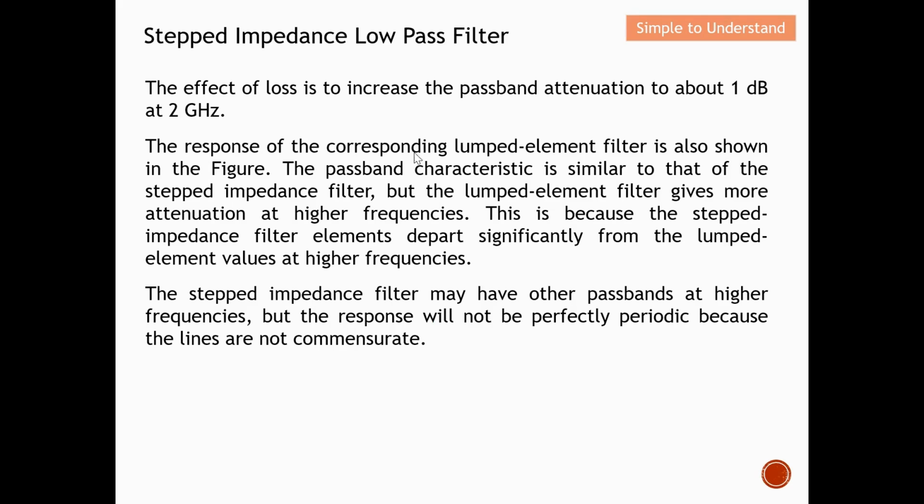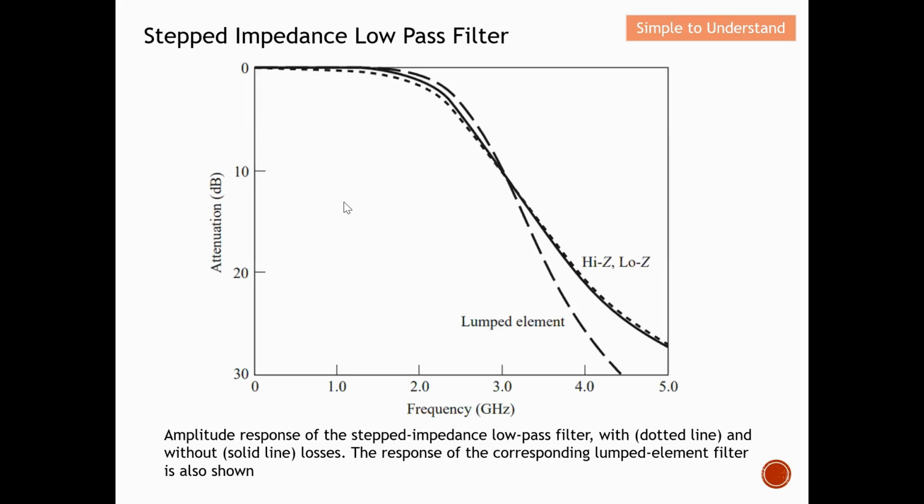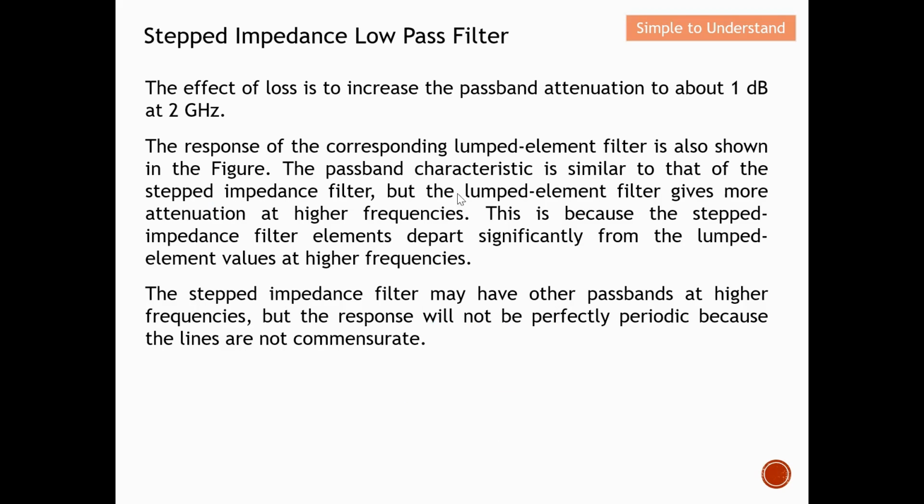The response of the corresponding lump element is also shown in the figure which I have illustrated. The passband characteristics are similar to that of the step impedance filter. You can see that they actually look quite similar. But the lump element filter gives more attenuation at high frequency, which means that it has a steeper roll-off factor. This is because the step impedance filter elements depart significantly from the lump element values at higher frequency.